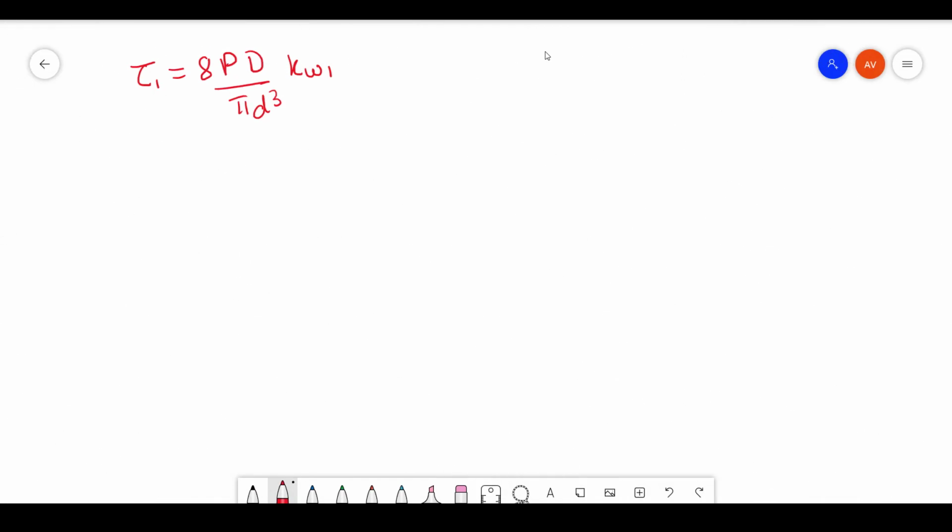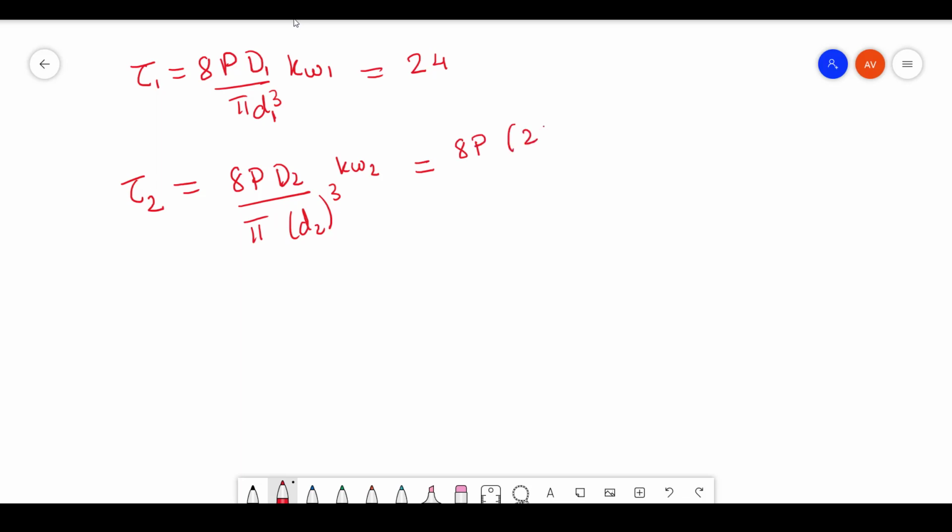Now let's indicate tau1, the first case tau max, is equal to this. It is given to be 24 MPa. Now our tau2 can be represented again as 8 P D2 by pi into d2 cube into Kw2. Instead of D2 we put 2 D1, and pi into 2 small d1 cube, and Kw2 you can write as Kw1 because they are the same.